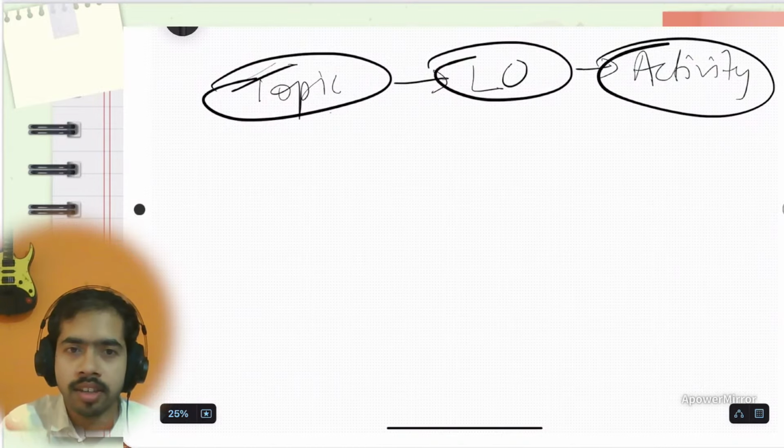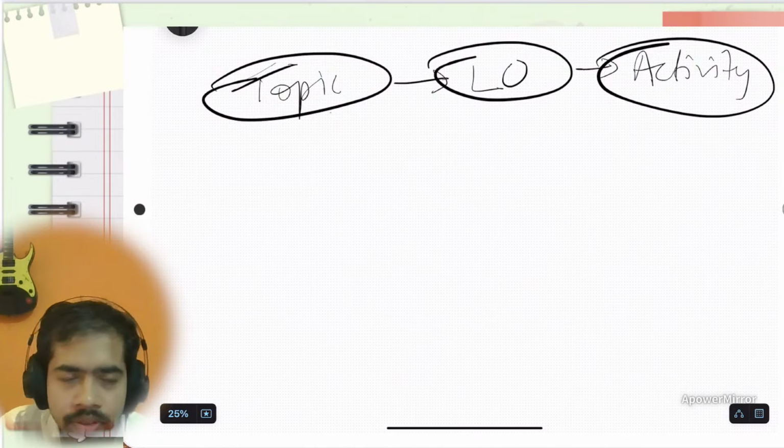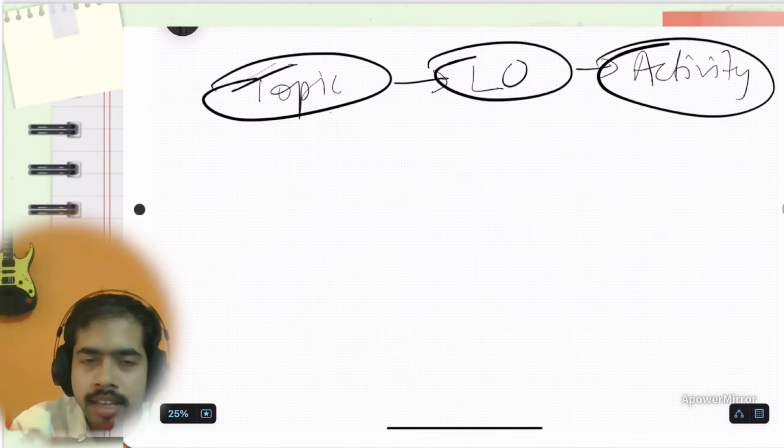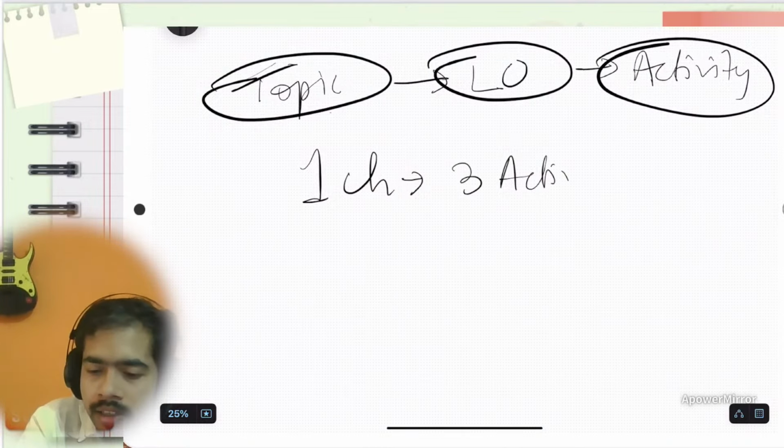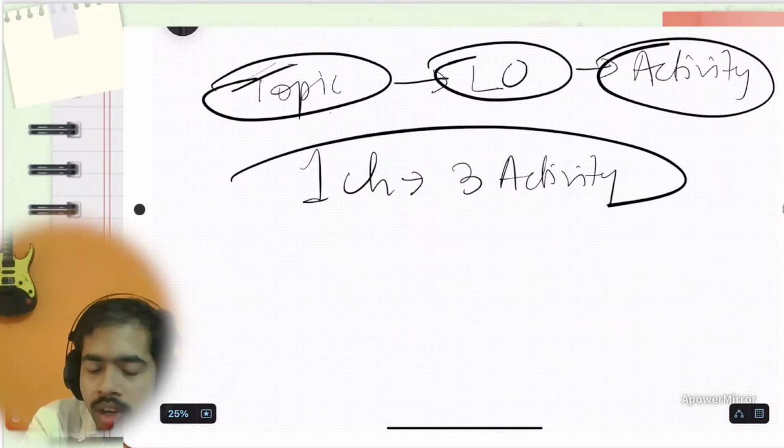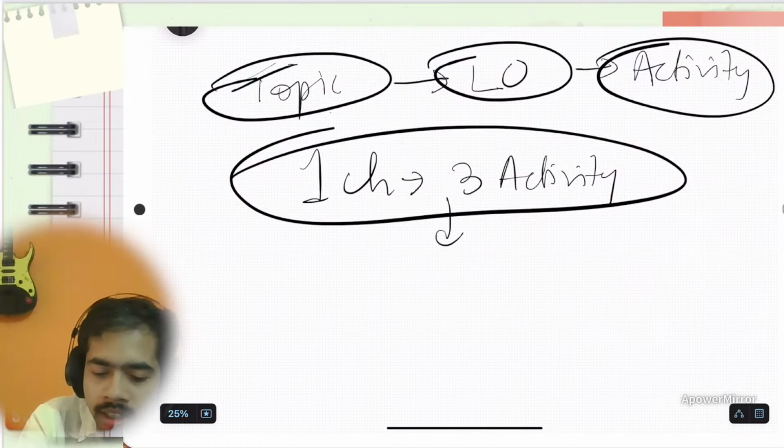This is our task. I would be happy if you provide me your next lesson plan, making rough activities, at least three activities for one chapter. This will help you complete the syllabus. Suppose 15 or 16 chapters are there.